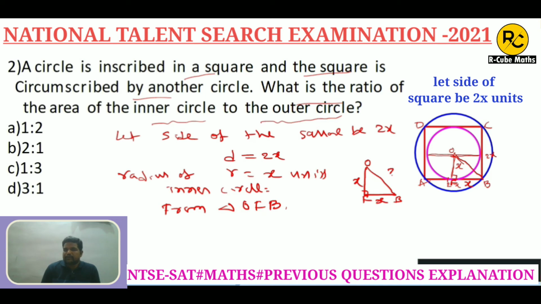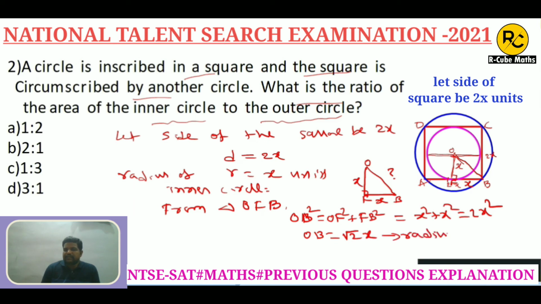So OB square equals OF square plus FB square, that equals x square plus x square, that equals 2x square. So we get OB is equal to root 2 x. This is the radius of the outer circle.